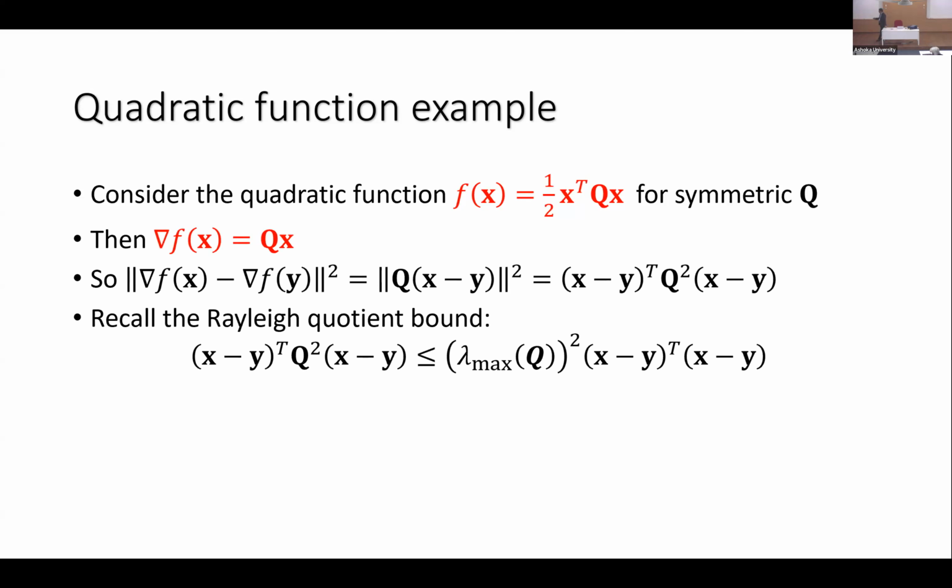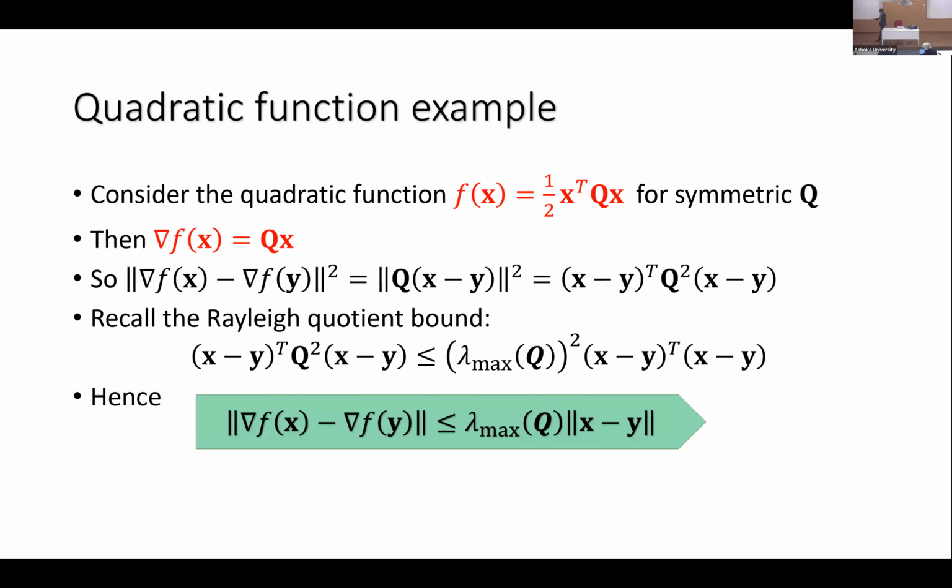If you remember, there is one bound called the Rayleigh quotient that comes up in linear algebra. You can bound it like this. Essentially, this is bounded by lambda max of Q squared, where lambda max is the largest eigenvalue of Q. So the L-smooth condition: L is equal to the largest eigenvalue of Q.